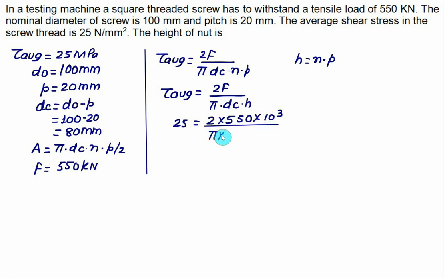We have core diameter, that is the root diameter, equal to 80 multiplied by height H. So we are comfortable to calculate here the height H. In this case we will get the height of nut approximately equal to 175 mm.